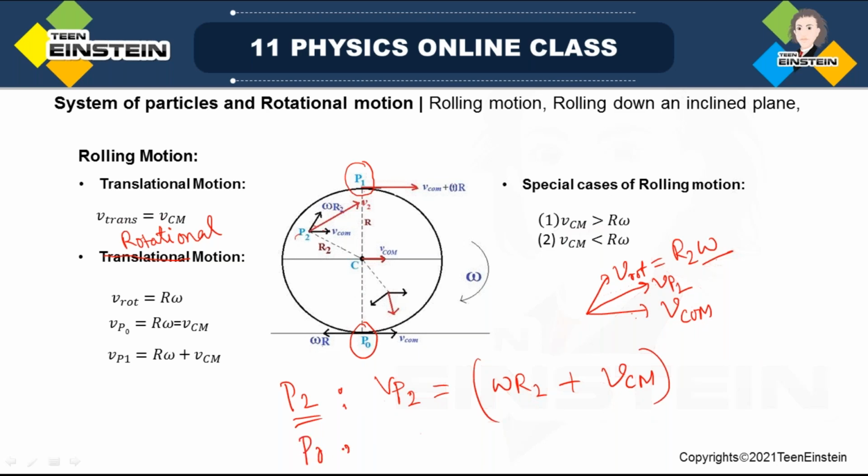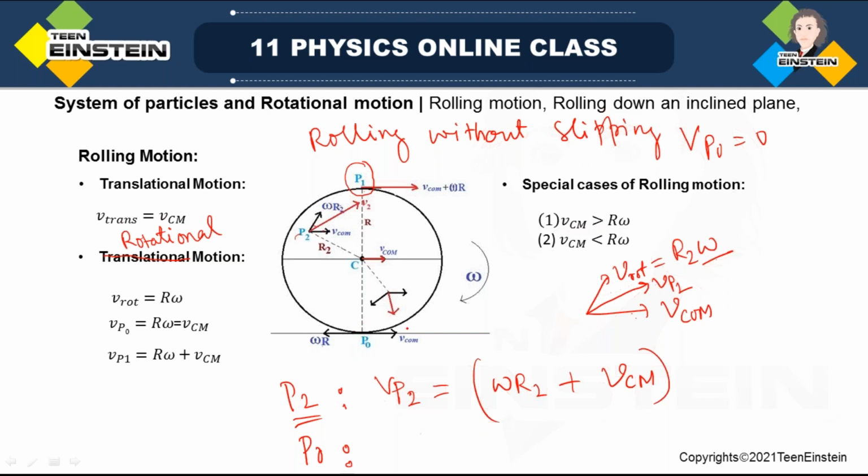Since this is rolling without slipping, that means P0 must have resultant velocity 0, because due to rotation and translation there will be two velocities.